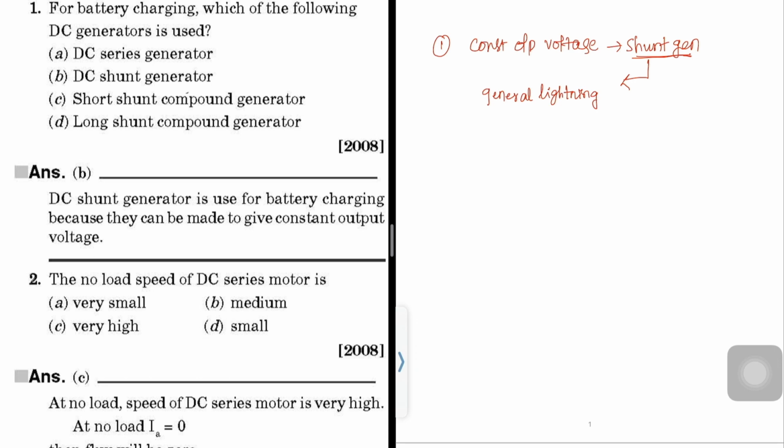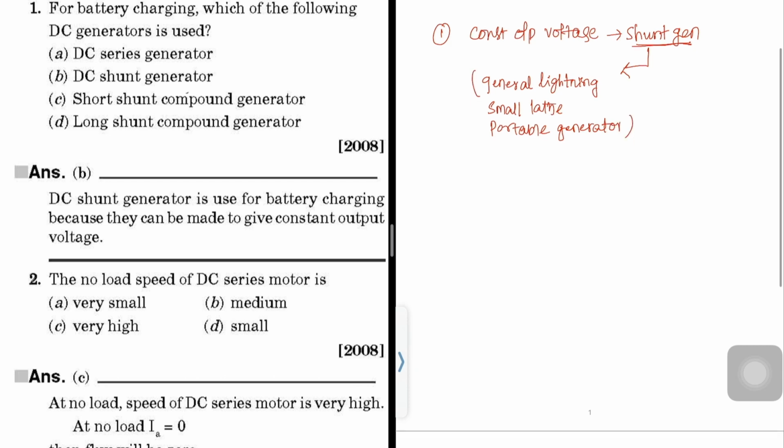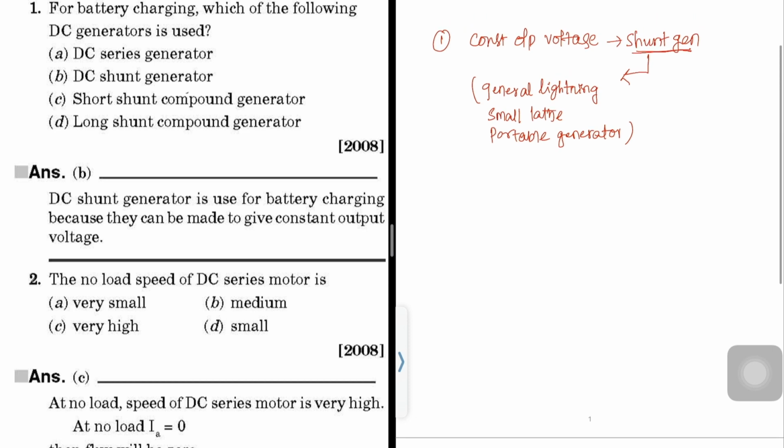The second purpose is that it is used in small lathe machines. And it is used as a portable generator. These types of applications they will ask from the exam point of view. So coming to this question, the answer is the DC shunt generator.